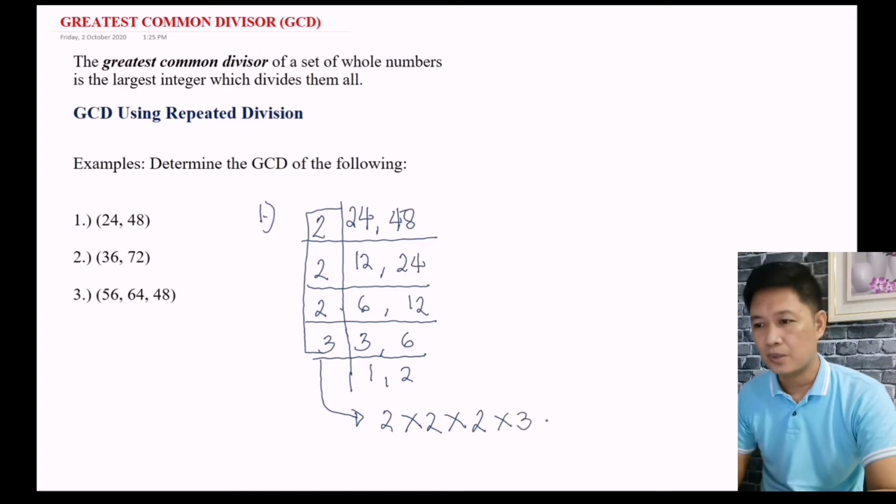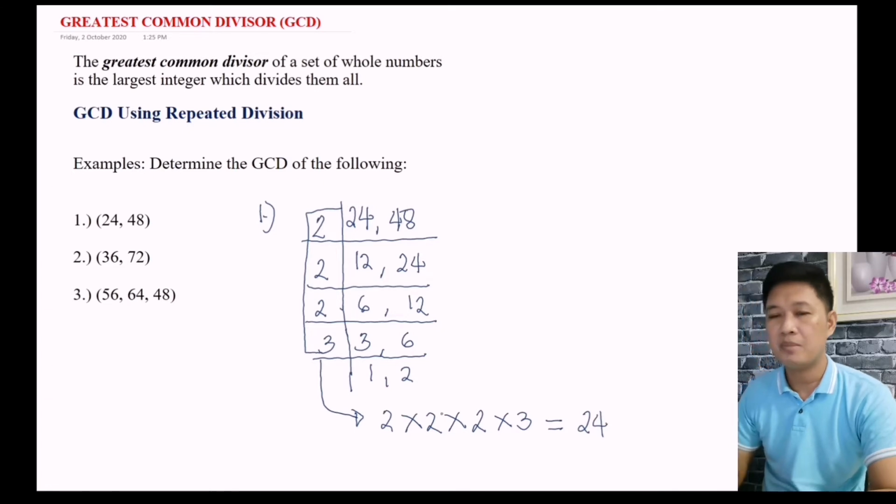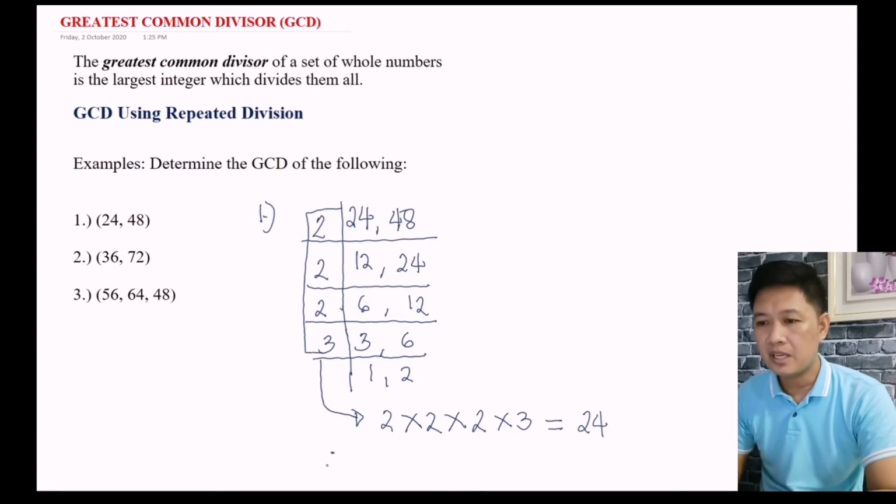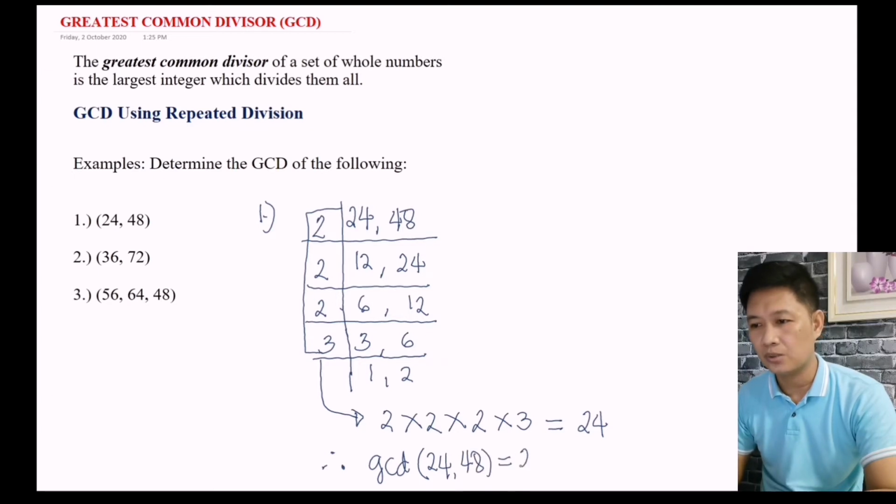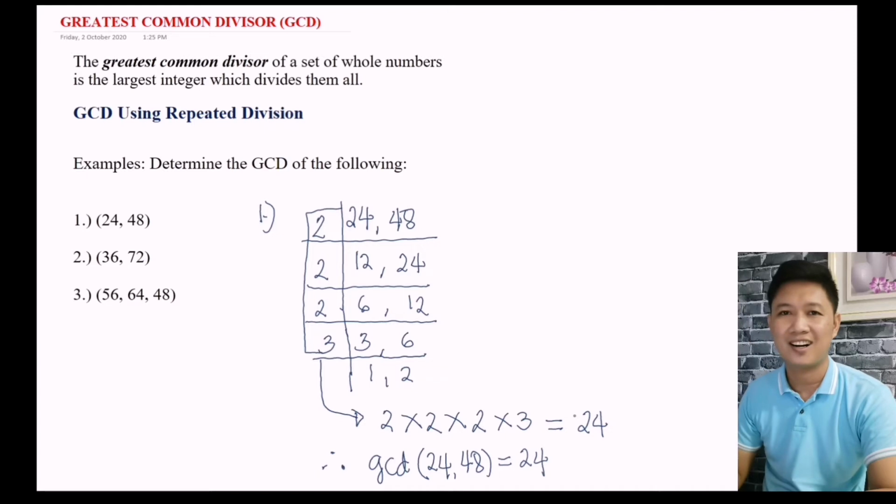What do we have here? We have 2 times 2 is 4 times 2 is 8 times 3 is 24. Ibig sabihin that the GCD of 24 and 48 is equal to 24.